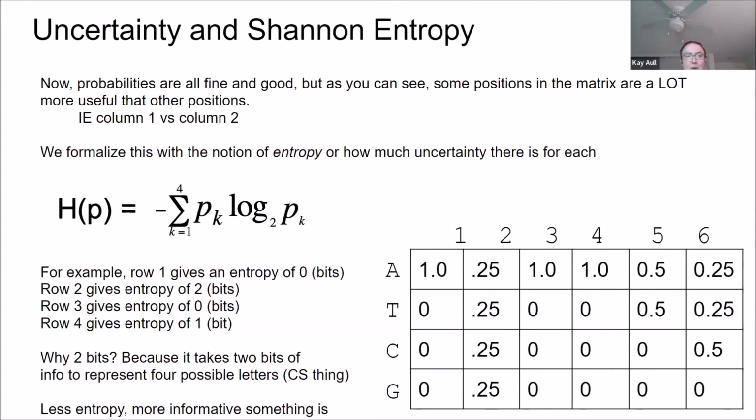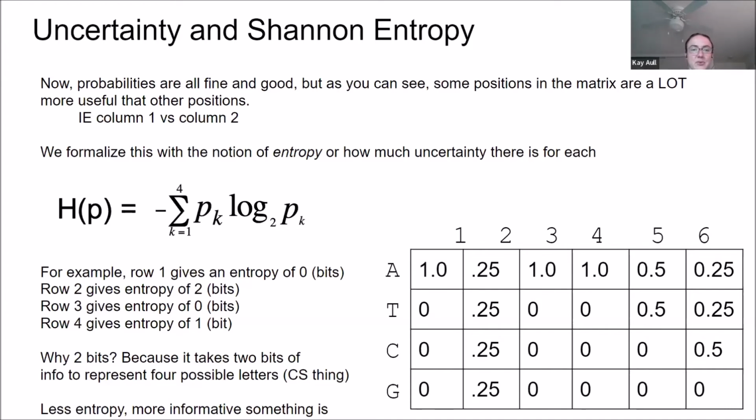You can do this the same way. You go through and you say, okay, what is the entropy at each of these positions? And so what is your uncertainty here?